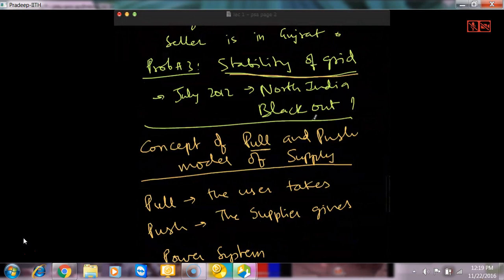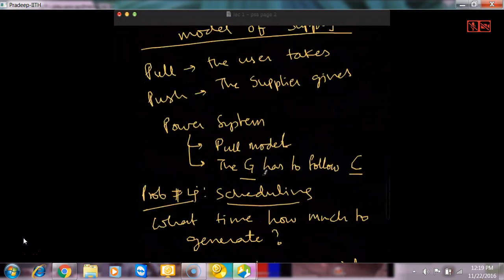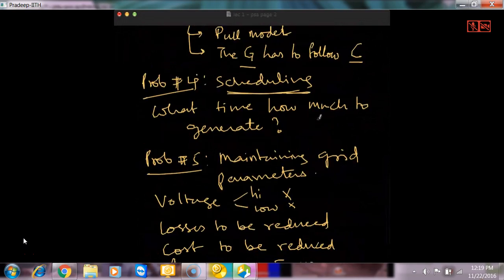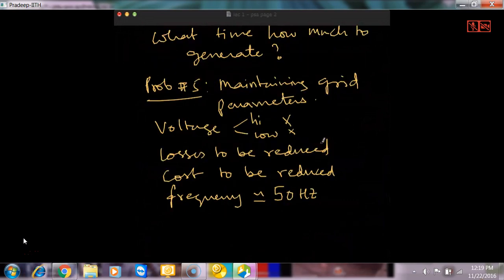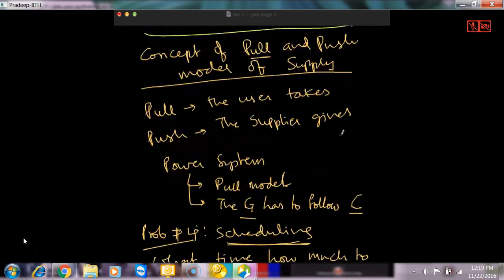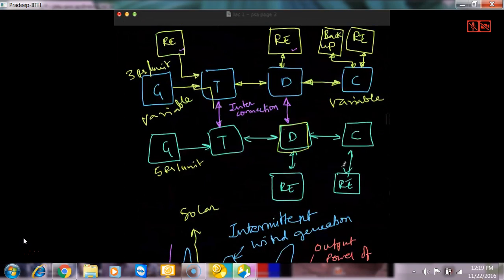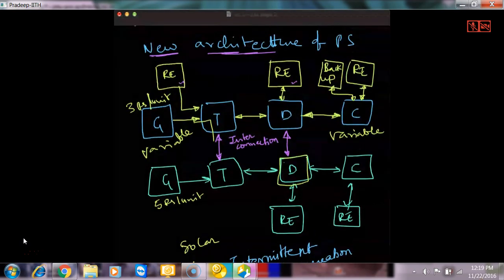The power system is a full model, so we have to maintain the generation. And the fourth problem is how to schedule your power, and then how to maintain the grid parameters. So all these things are some of the new technical challenges that we want to meet in the new grid. So in this course we will try to learn how to do that. Okay, so I hope that answers this question.